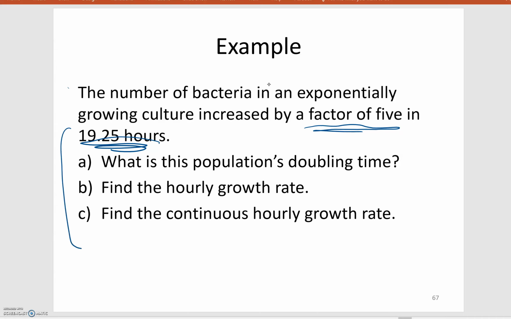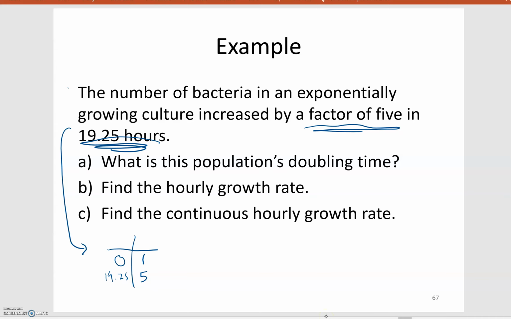So we've multiplied it by 5. However, I'm still going to treat this the same way that I would treat it if I'd been given a doubling time. So I'm going to put 19.25 here. I'm going to assume I started with 1, and then I'm going to end up with 5. And that will get me my factor, and from that I can get the rate and whatever else I need.